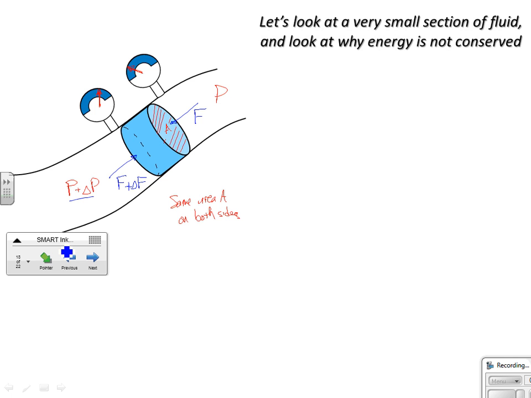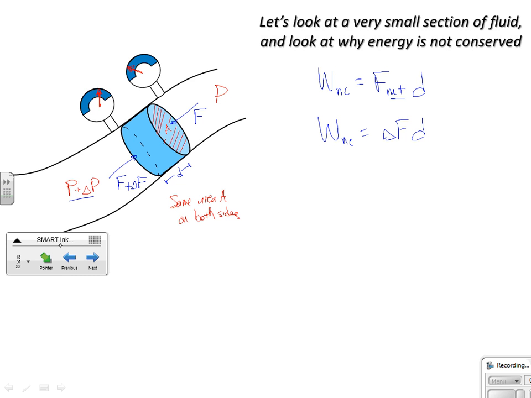And it's applied, let's say, through this distance d. So we can say that the work done by the non-conservative forces is F net times d. And the net force is really just delta F, the difference in the two forces.